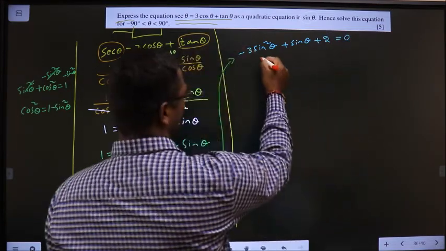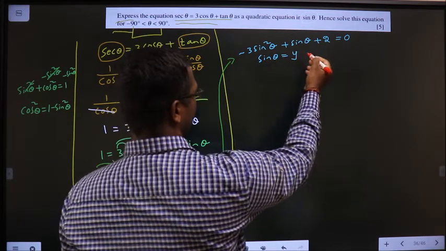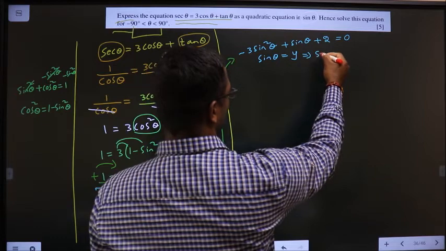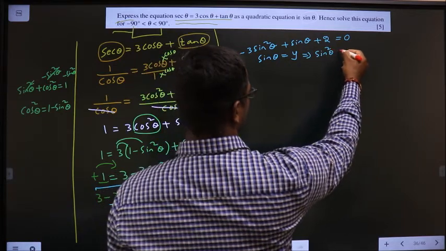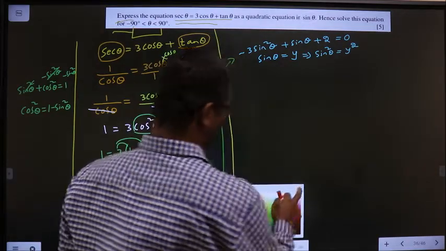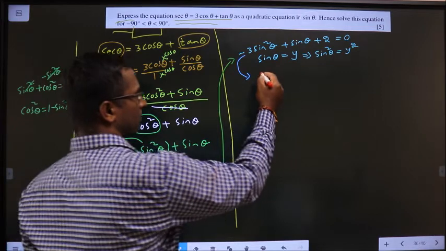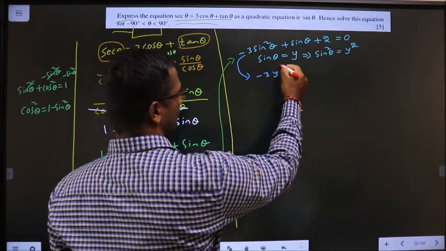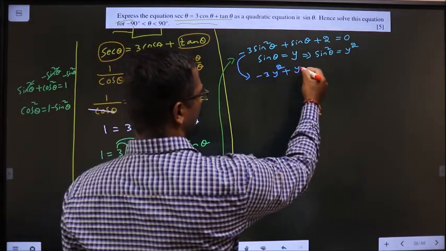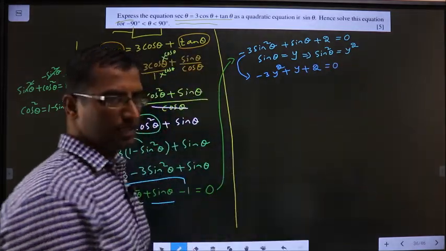So now you need to take sin theta equal to, let us say, some other letter, say y. If I do the square on both sides, I get sin square theta equal to y square. Clear? Now this equation will become minus 3y square plus y plus 2 equal to 0. Okay.